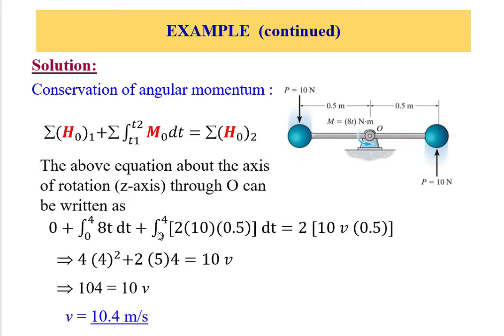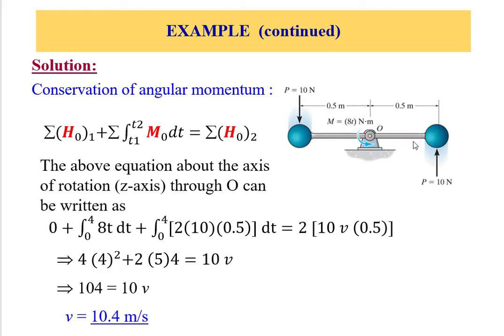So that's computed over that time, equal to the angular momentum after. The angular momentum after is r cross m multiplied by velocity.